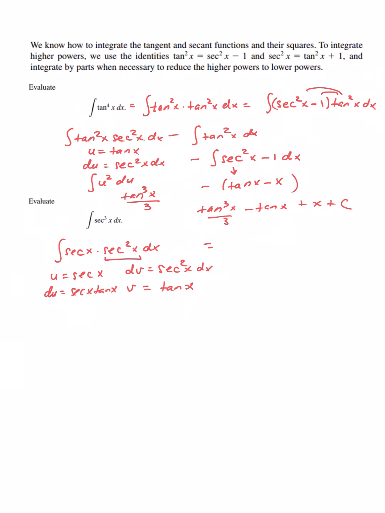So now I can use integration by parts and do u times v minus the integral of v du. Now notice the du has a tangent in it, so I'm just going to do tangent times tangent is tangent squared.